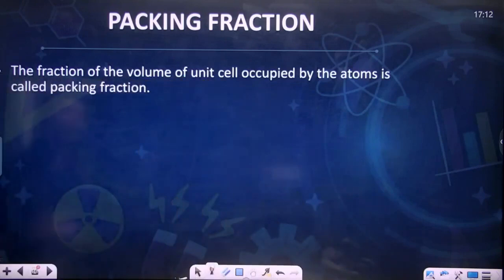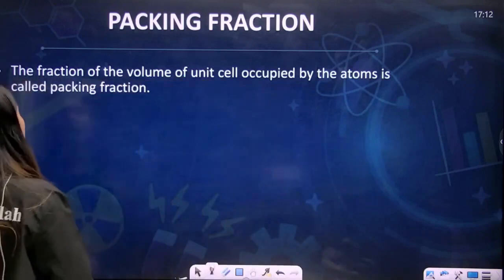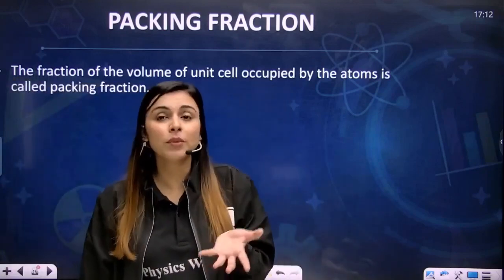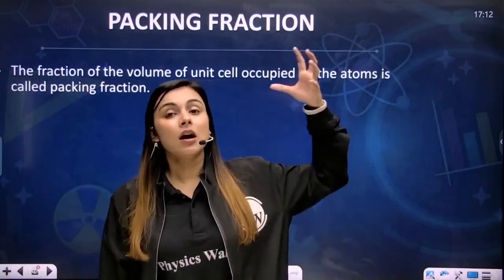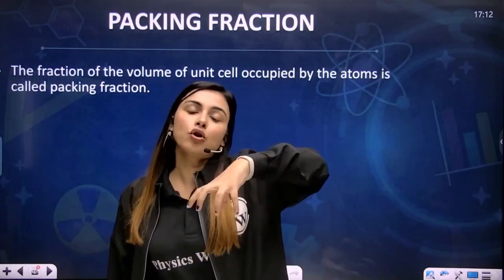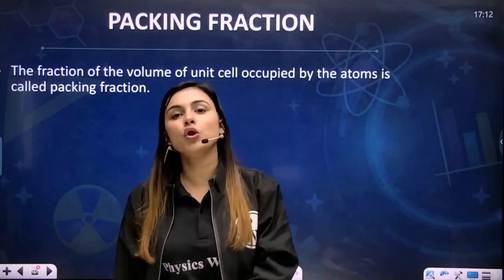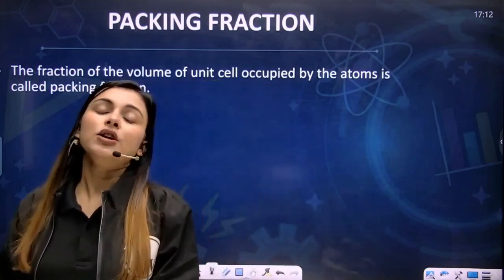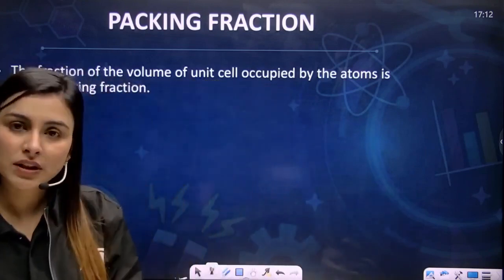The fraction of the volume of a unit cell occupied by the atoms is called the packing fraction. Now, if you talk about the packing fraction of a room, you will say the volume your atoms have occupied divided by the total volume of the room, right? So now let's try to find out a formula for the packing fraction.